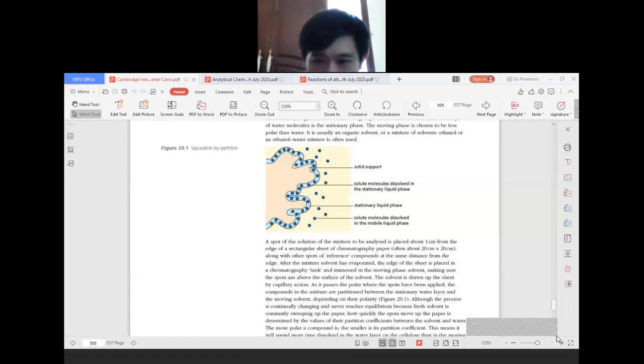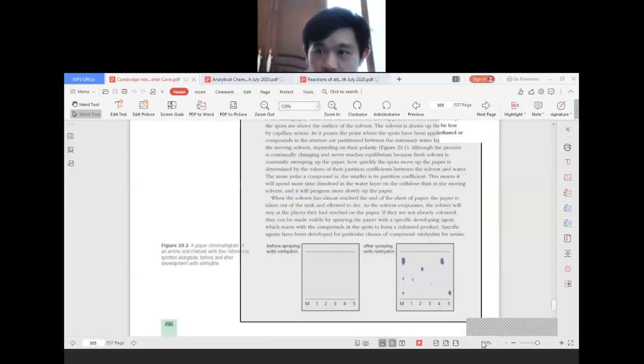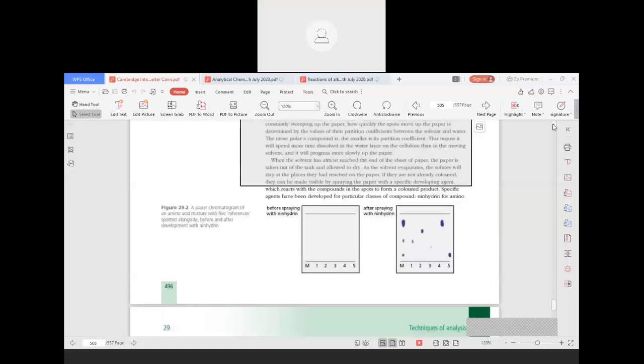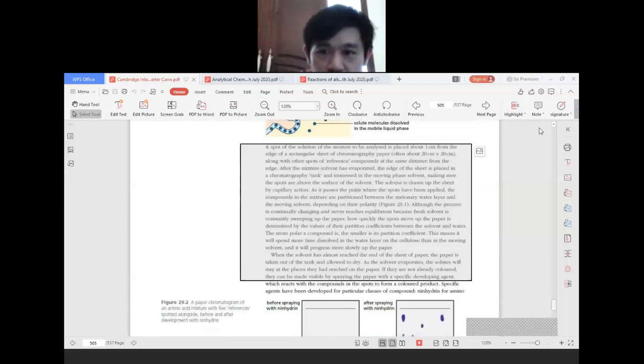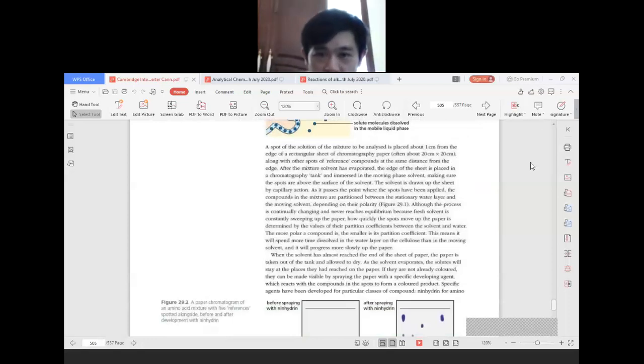Okay, and then this one, the solvent, I'm reading from this. A spot of the solution to be analyzed is placed near the edge of a rectangular sheet. So the paper has to be rectangular, along with other spots of reference. After the spots are applied, the edge is placed in the chromatography tank, which holds the solvent, developing the chromatogram.